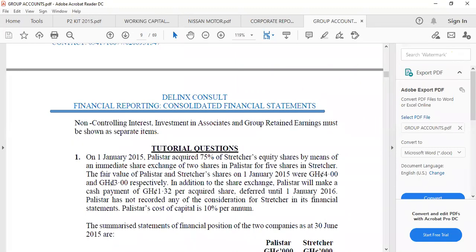It's 3 cedis, isn't it? What is the value of the shares? What is the number of shares owned by the NCI? 25%. I'm talking about the shares, not the percentage.